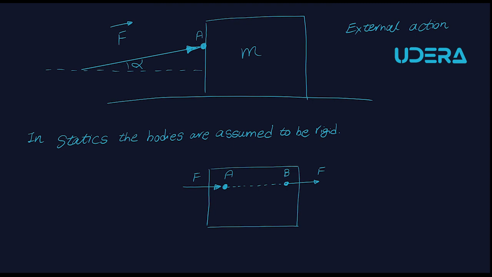So if this body is a rigid body, the amount of force exerted at the point A is equal to the amount of force exerted on the point B. So this dashed line is called the line of application.